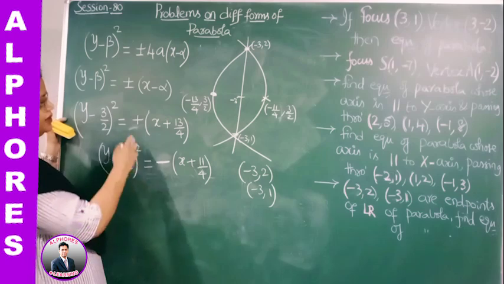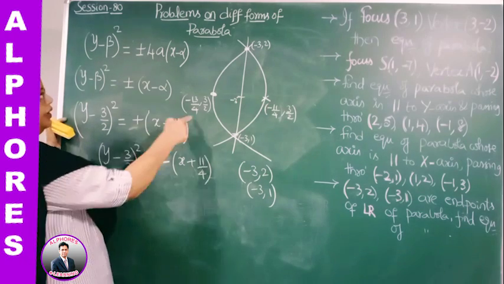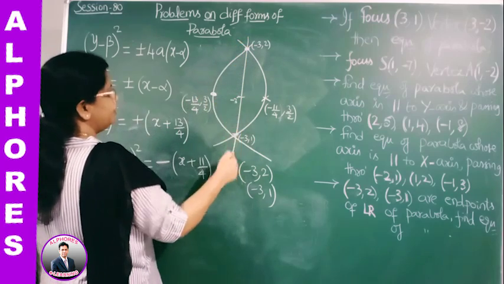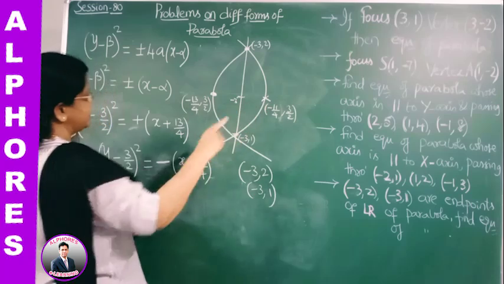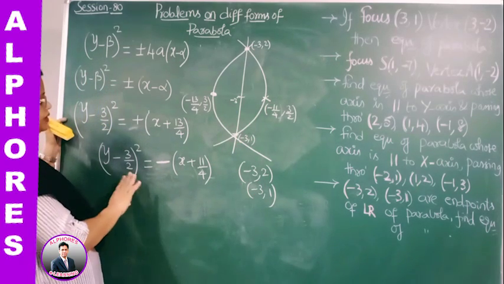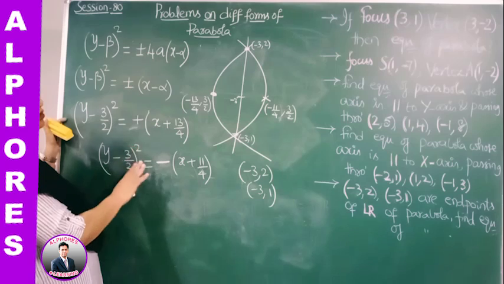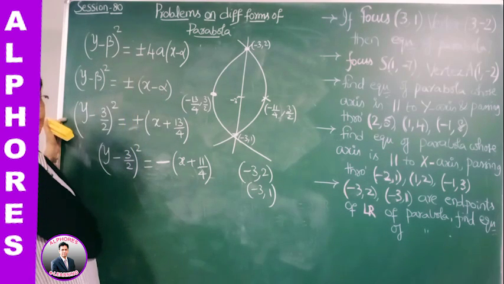So in this way we come across two parabolas whose latus rectum is parallel to the y axis and axis is parallel to the x axis. Understand students? So whenever the ends of the latus rectum are given, you should be very cautious about giving the values plus or minus.